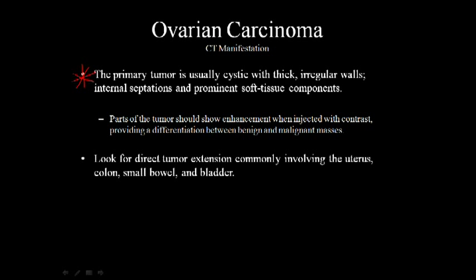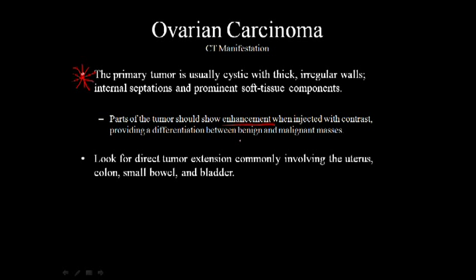So this first bullet point is something that you definitely want to remember, as it will allow you to see what ovarian carcinomas really are. Parts of the tumor should show enhancement when injected with contrast, providing a differentiation between benign and malignant masses. So you're going to look for tumor enhancement here.